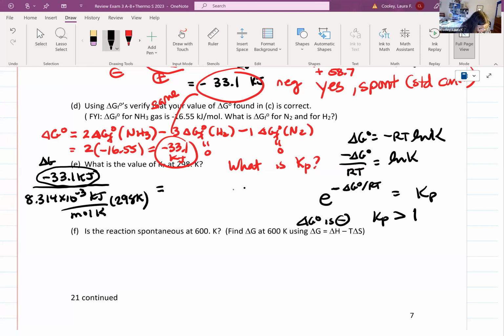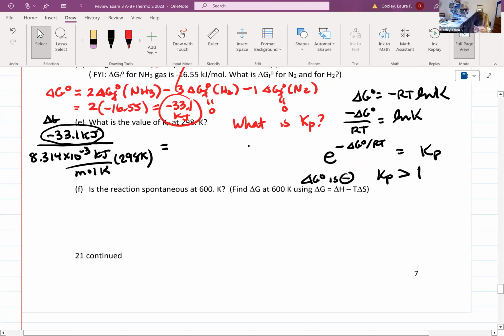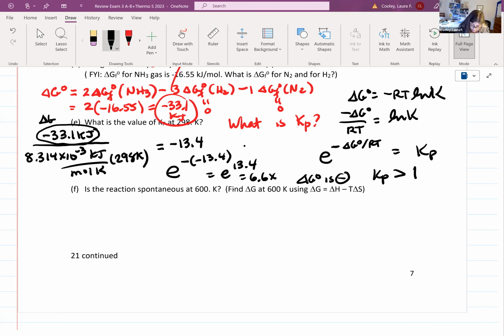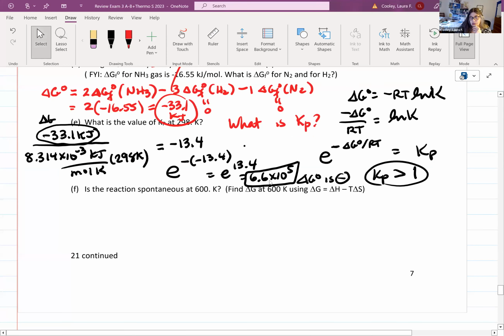Because this exponent is negative 13.4, so you need e to the 13.4, which is 6.6 times 10 to the 5th. That's a pretty big K. That's greater than 1, right? So we must have done something right, because we got a K that's greater than 1, which is what we knew we had to get.